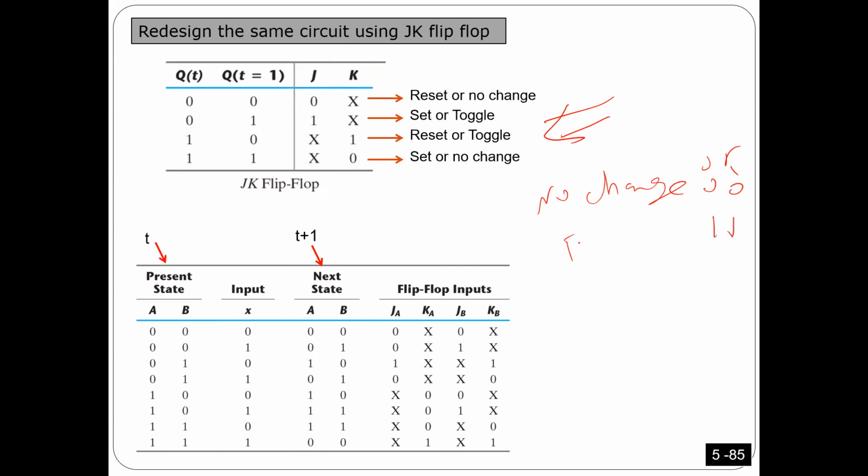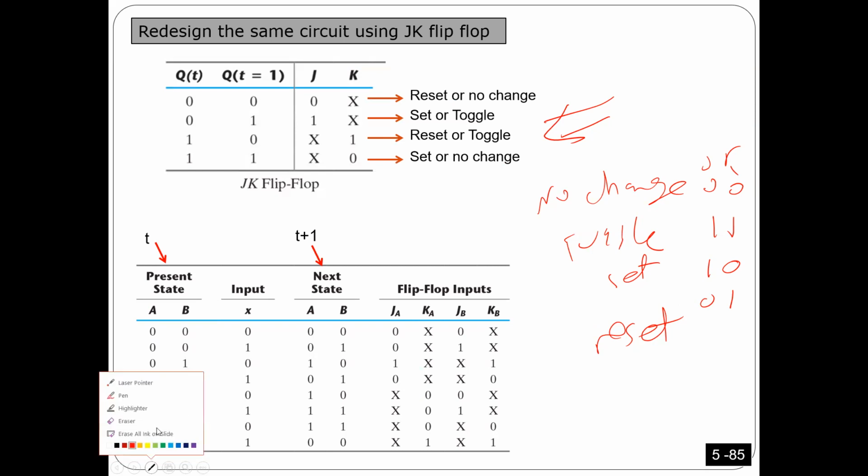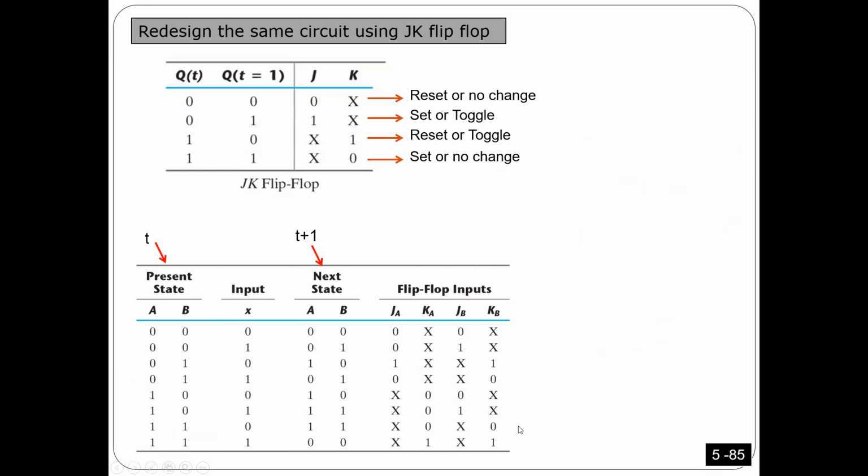If it is 1, 1, it means toggle. If it is 1 and 0, that means reset. And 0, 1 is, sorry, this is reset and this is set. Anyway, it's coming from there. So now what I'm telling you here is, look here. If the input is 0, is that okay? No, sorry.